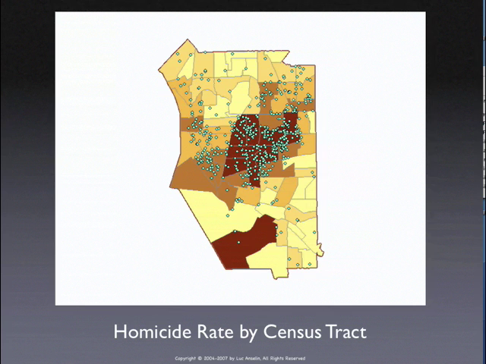So this then is a spatial distribution of the homicide rate by census tract put against the point pattern of the events. And these are 2 ways in which we're going to approach modeling and understanding the probability that events happen, which is really what we're interested in the end.